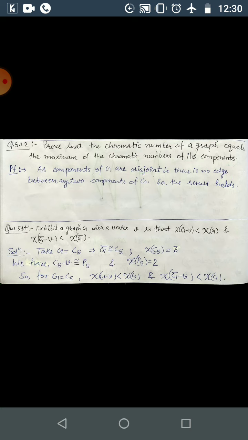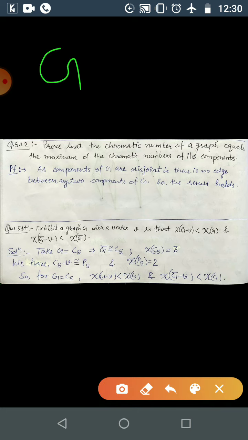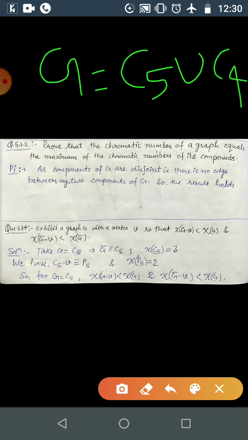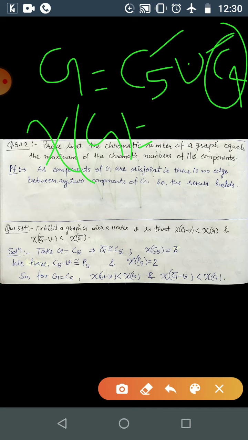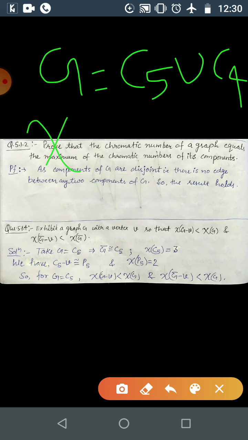So always, if you are given G as the disjoint union of C5 with C3, or you can just say C4, then the chromatic number of this G will be the maximum of the chromatic numbers of these components, and these are disjoint unions. So G is the disjoint union of C5 and C4, then n is equal to 9 for G, and it contains 2 cycles, one C5 and one C4.